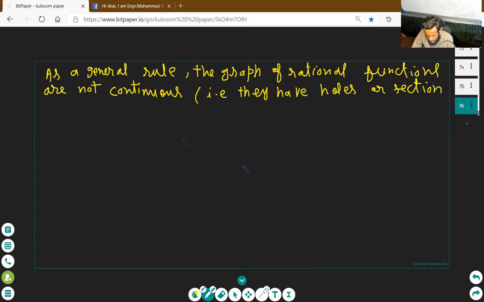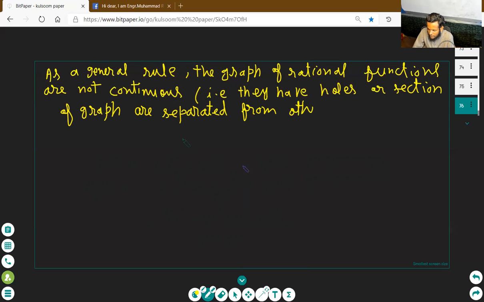A section of graph is separated from another section by asymptotes.